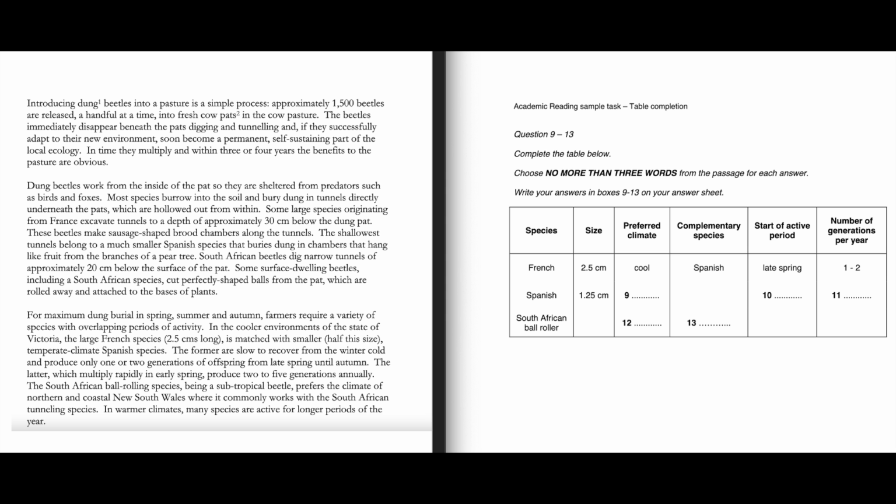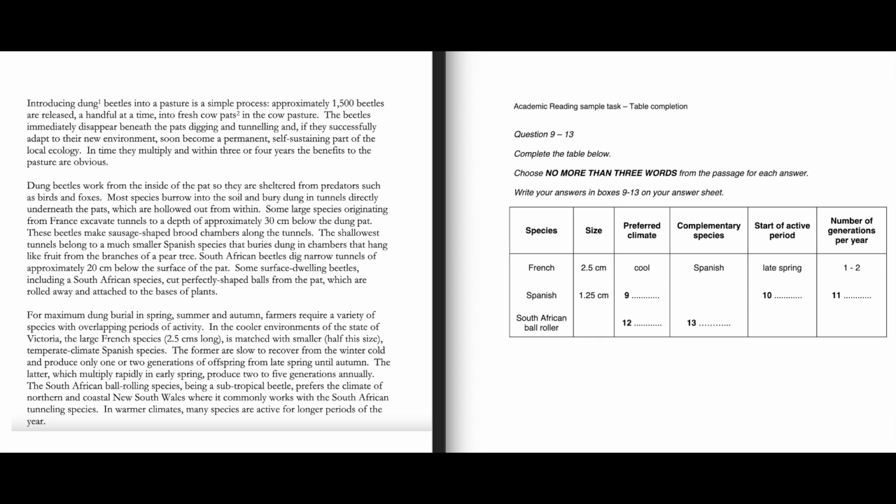Now let's read the next line. It says the South African ball rolling species, being a subtropical beetle, prefers the climate of northern and coastal New South Wales. When they say being a subtropical beetle, it means that their preferred climate is subtropical. Although they haven't used the words preferred climate, they have said the same thing in a different way, which is why I mentioned that the meaning of the sentence is really important.